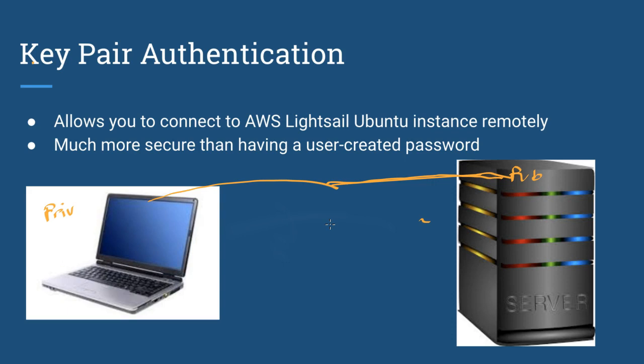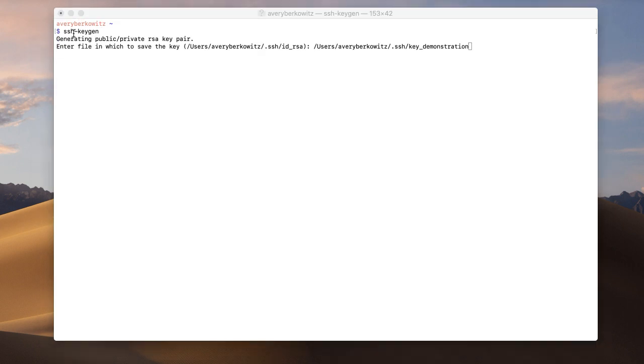Let's see how that looks. On our local machine, we'll use a built-in application called SSH Keygen to build this pair for us. You'll be asked to define where you would like to save these keys. I've chosen to save them under my username in the .ssh directory, and I've named the keys key_demonstration.